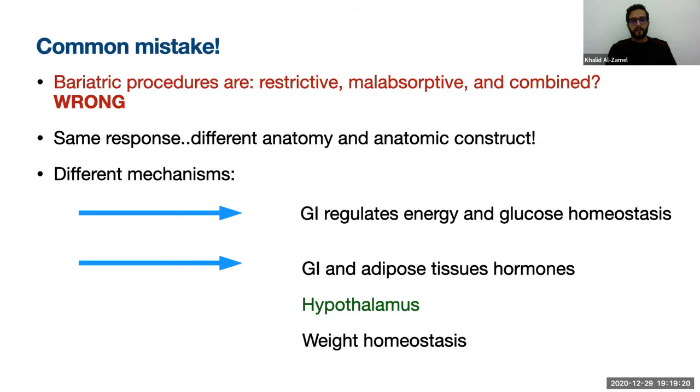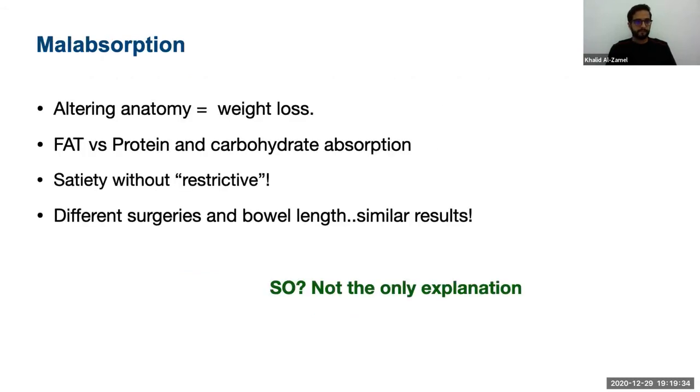So to start with, it's not as simple as cutting the stomach or diverting the GI system and then expecting the weight loss to happen the same way as restrictive, malabsorptive, and combined. So, for example, when we talk about malabsorption, we know that altering the anatomy will lead to weight loss.